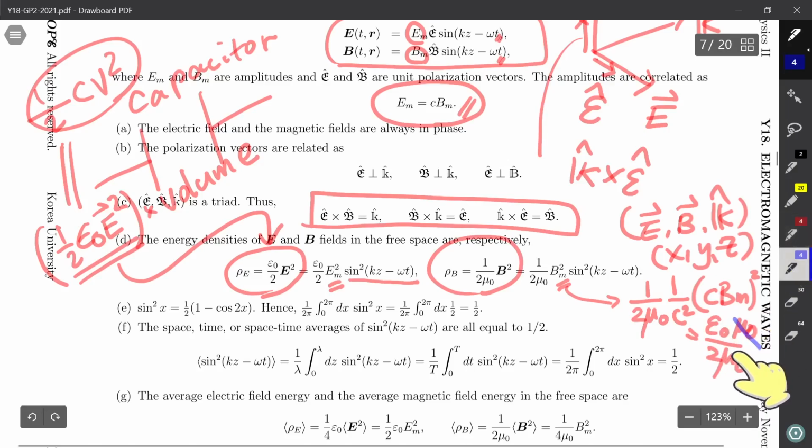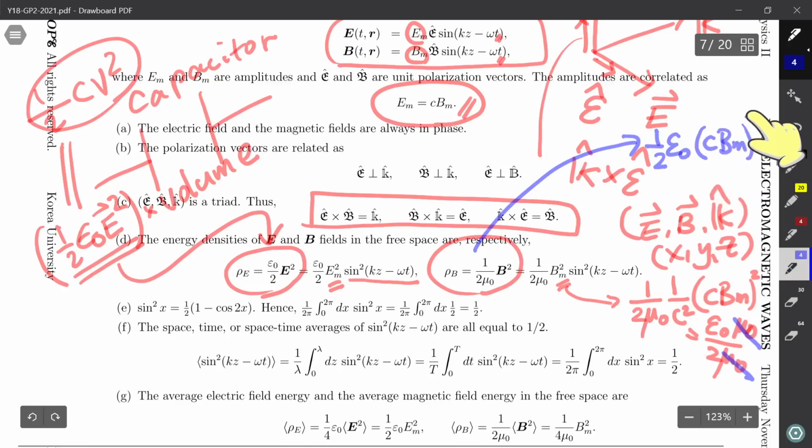So mu 0 cancels, and finally this is epsilon 0 c B_m squared, and c B_m is the same as E_m squared. Therefore, they are identical.